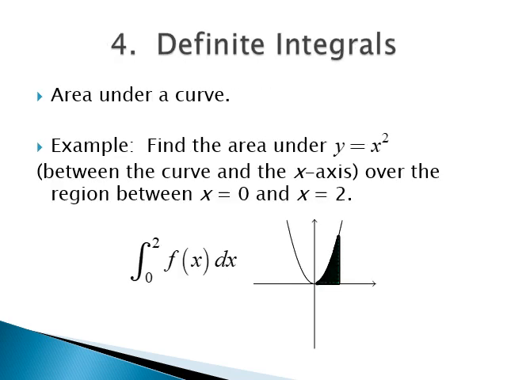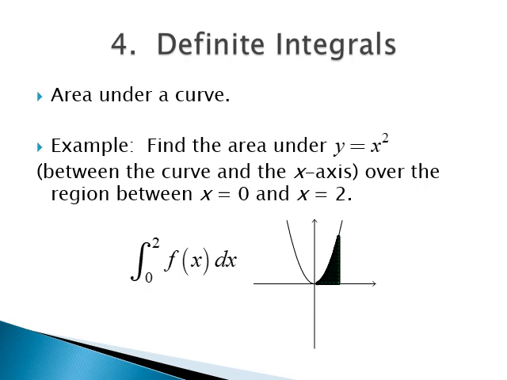Our fourth idea is the idea of a definite integral. And it uses the same name, integral, and the same symbol, that elongated s that you see, but it actually asks a very different question. A definite integral is all about finding the area under a curve.